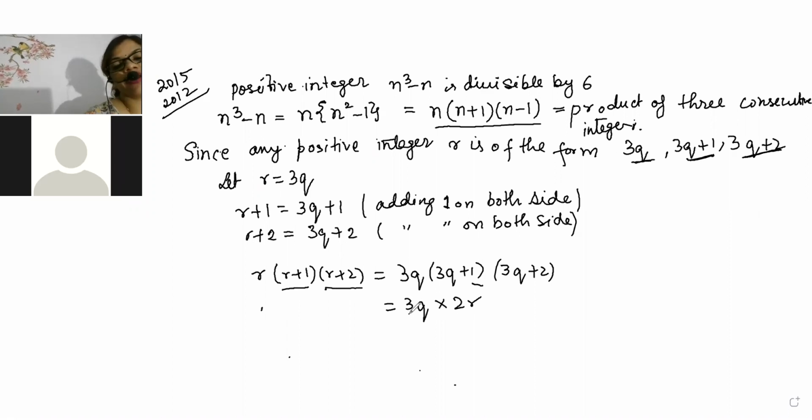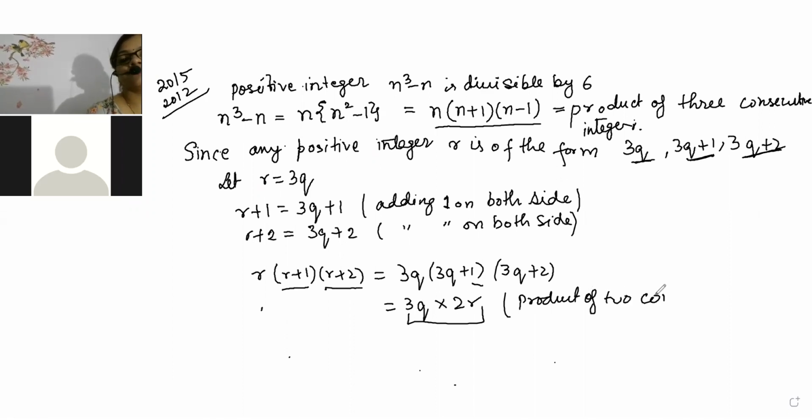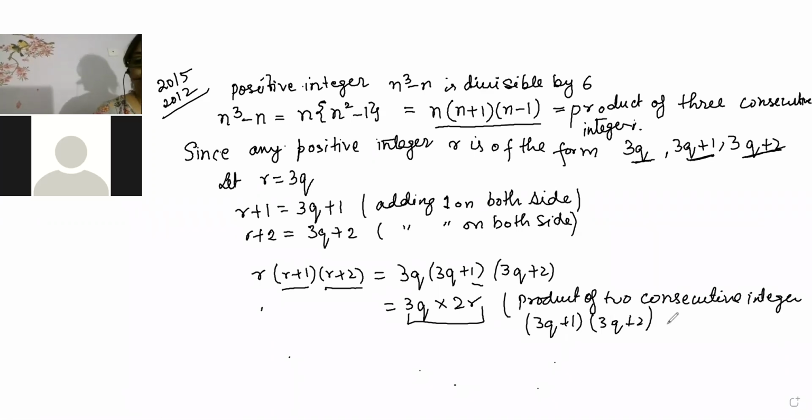Here only children were having confusion. So I'm writing the statement: product of two consecutive integers 3q plus 1 and 3q plus 2 is an even integer.